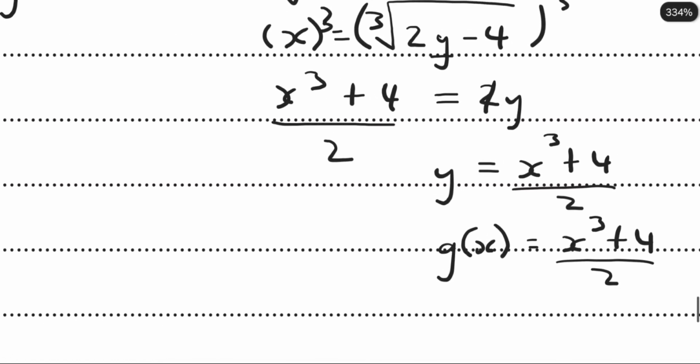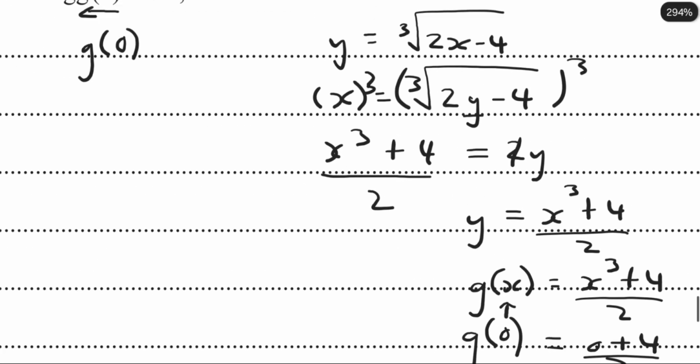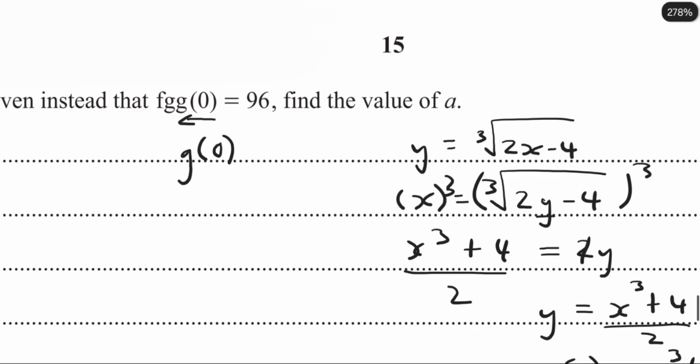With this now, if we say g of 0, we are replacing x with 0. So it will be 0 plus 4 over 2, and that will be 2. So we now know that g of 0 is 2. Now we're working with g of 2.